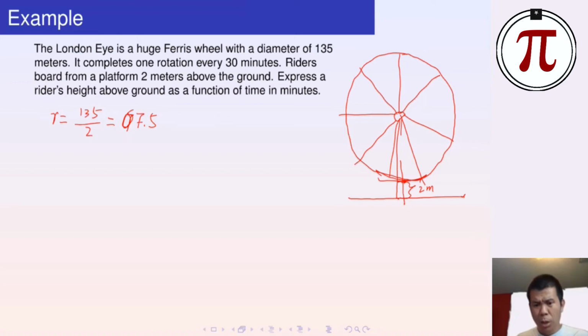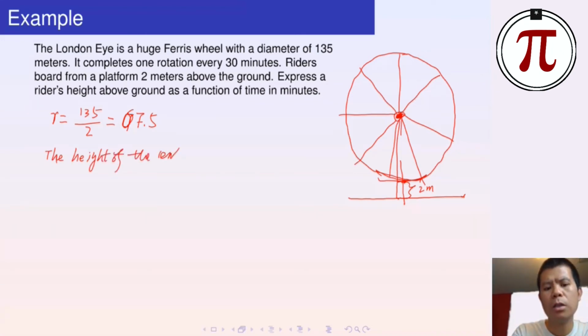So what is the height of the center? It is 2 plus r, which equals 2 plus 67.5, or 69.5 meters.